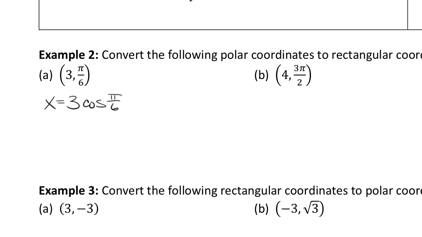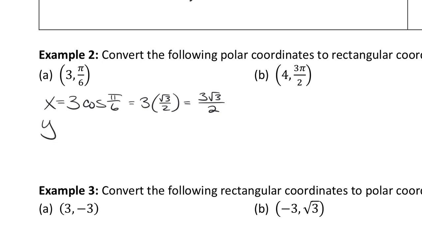So with the hand trick, what is cosine of pi over 6? Square root of 3 over 2. So this is going to be 3 times square root of 3 over 2. We do a little bit of math, which just means our coordinate point would have 3 square root of 3 over 2 as the x coordinate.